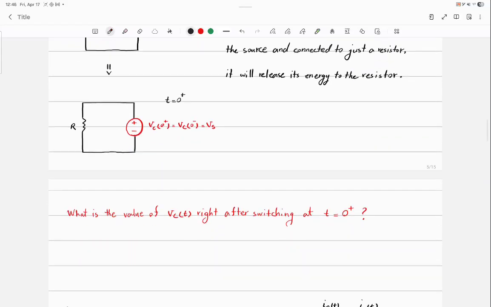And this is the part that I just said. VC 0 positive is equal to VC 0 negative, and it's equal to Vs. And the reason is that the capacitor voltage cannot change abruptly.